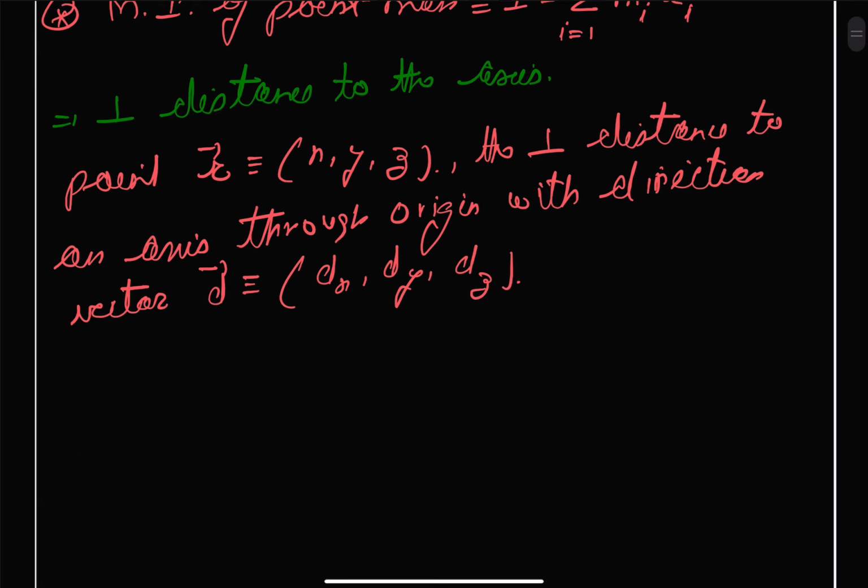We can find that r will be equal to the magnitude of the cross product divided by the magnitude of that direction vector.